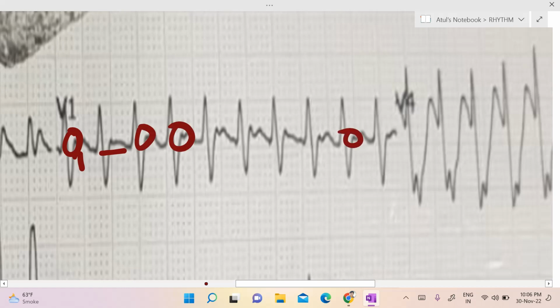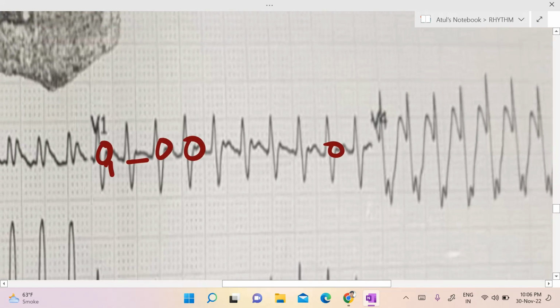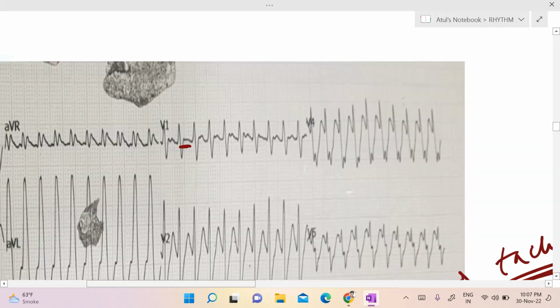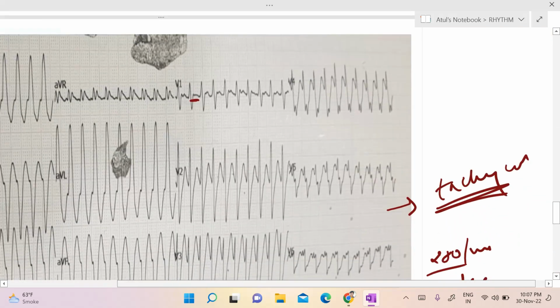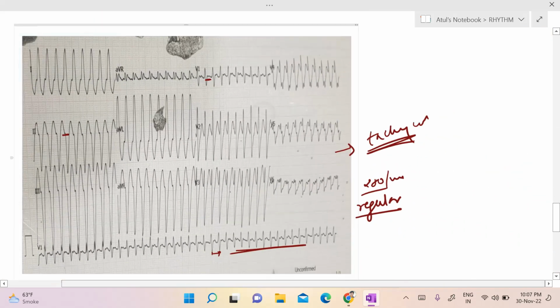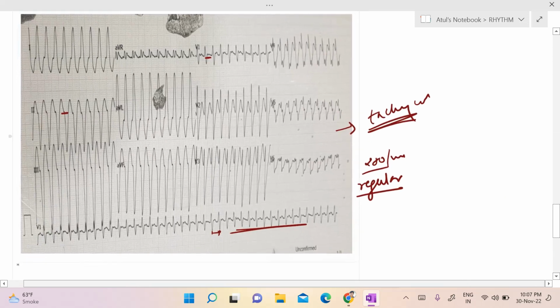So there are P waves hidden in the QRS complexes, sometimes just after the QRS complex, sometimes one to two small squares after, or sometimes no P wave. So this is AV dissociation again. So we can say definitely that this is ventricular tachycardia, monomorphic ventricular tachycardia, because all have the same morphology.